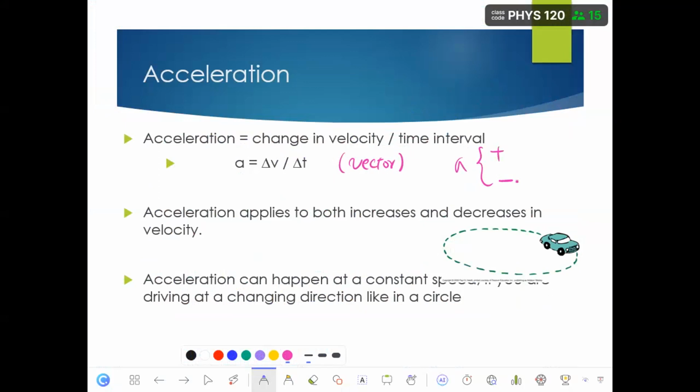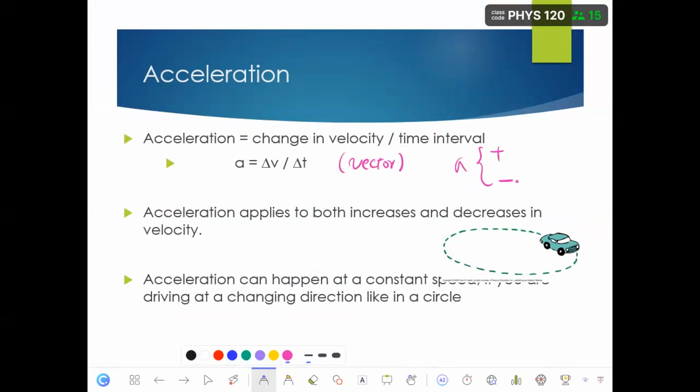Direction is changing. So if you're analyzing the acceleration of any motion, you need to analyze first its velocity and its direction. If the velocity is not changing, you cannot say the acceleration is zero.